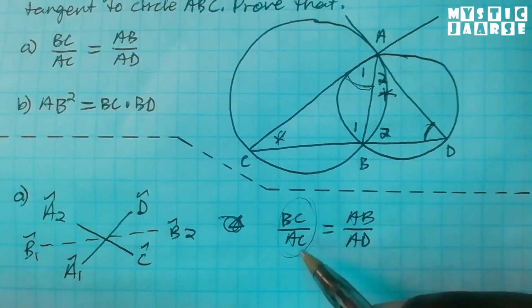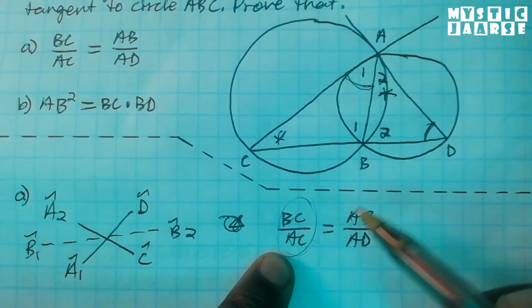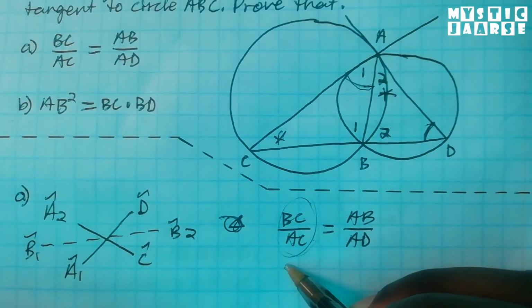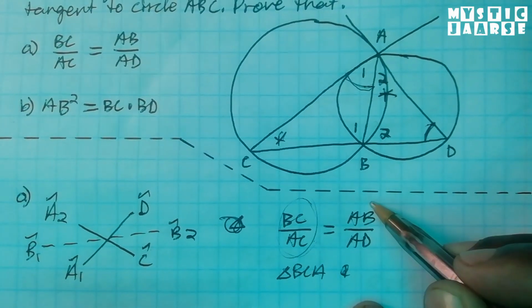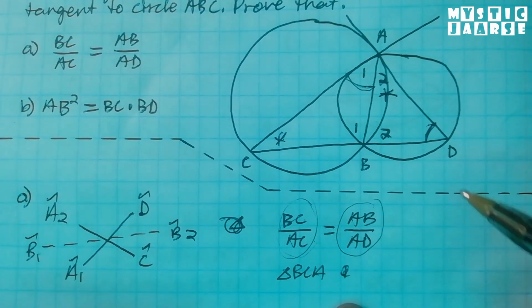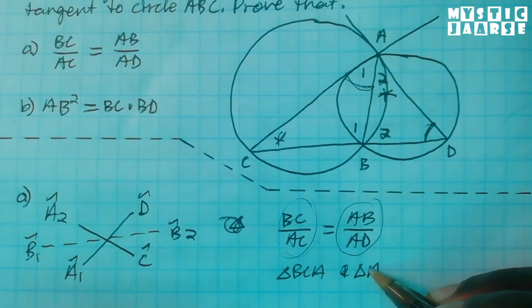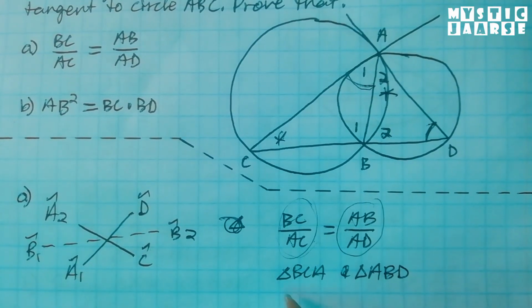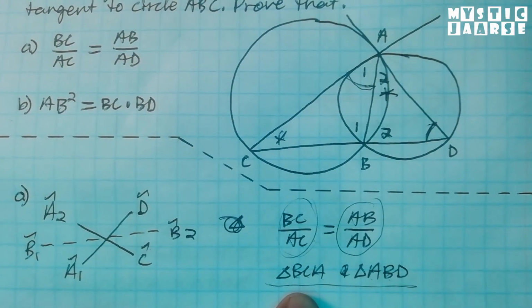So we have BC over AC. If I say BCA, is that a triangle? BCA, yes. So we have triangle BCA, and when I focus on this fraction, let me see ABD. Is it a triangle? ABD, yes. Triangle ABD.